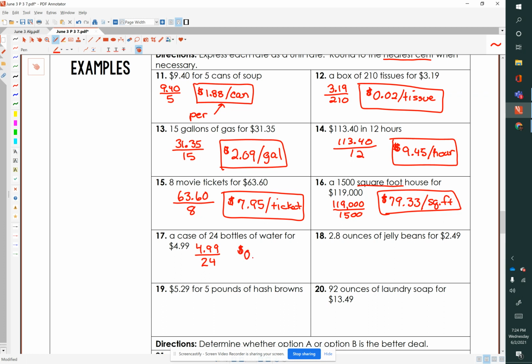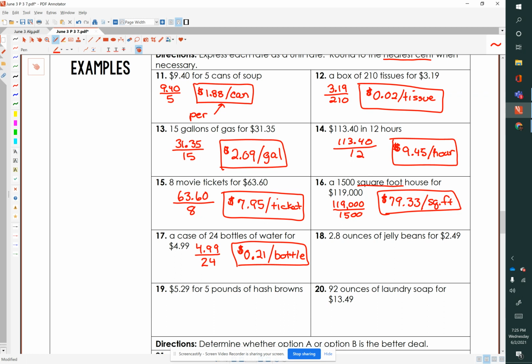So we write it with the heads up 0 point, I said 21, not 01. 21 cents per bottle. And I wonder what our school system's paying for all that water this year. I hope they got a really good deal.